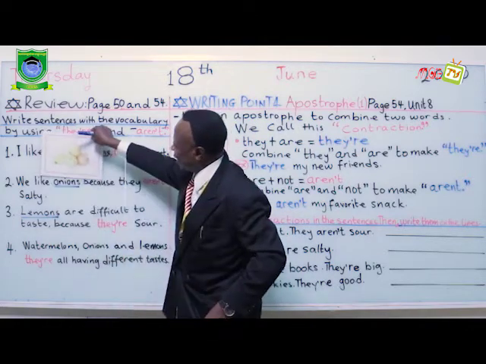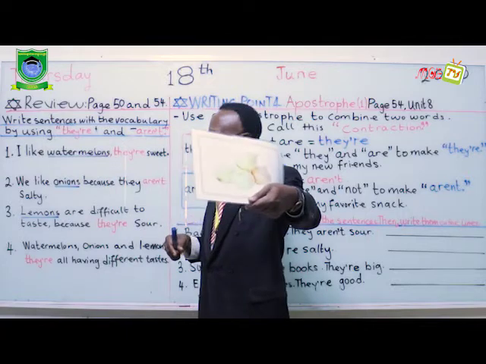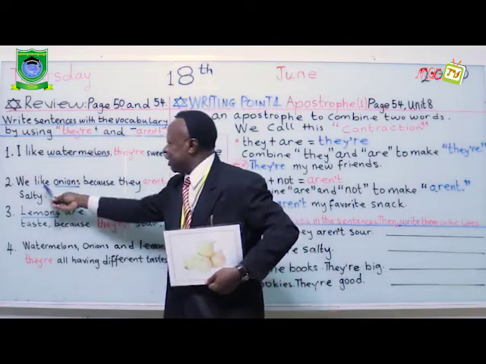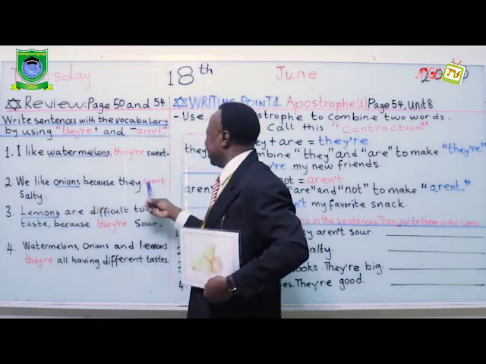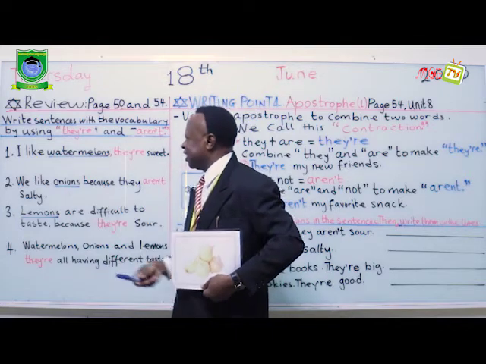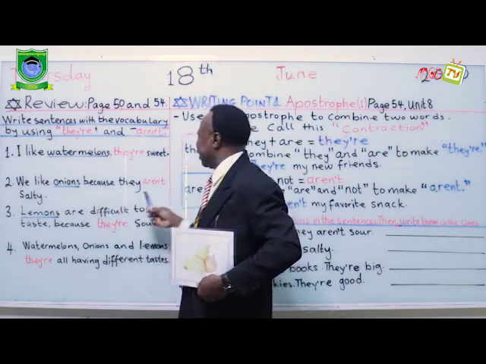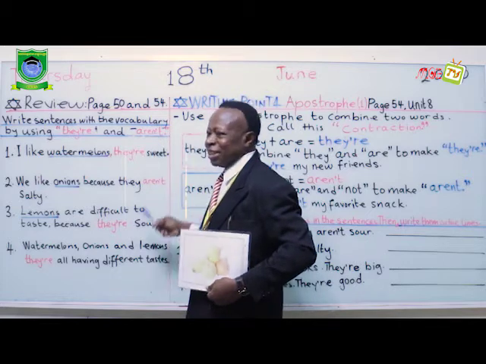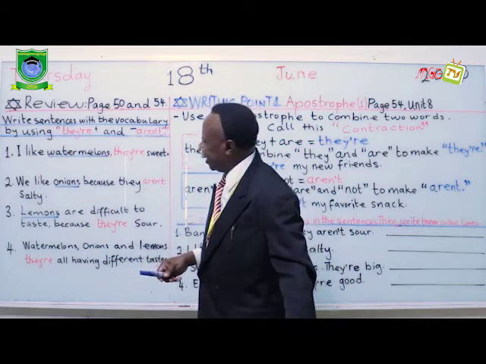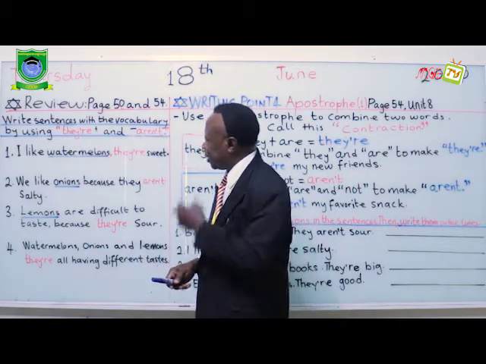Let's read the sentence again. We like onions because they aren't salty. So we have onions and then we use aren't in the sentence. That's good. Let's move on to number three.